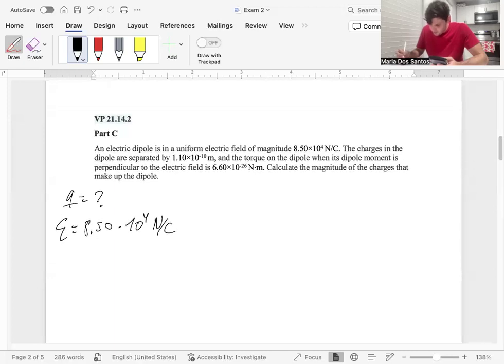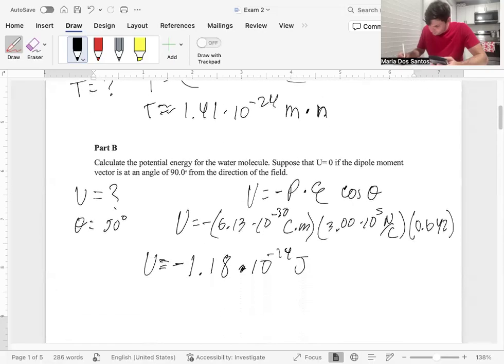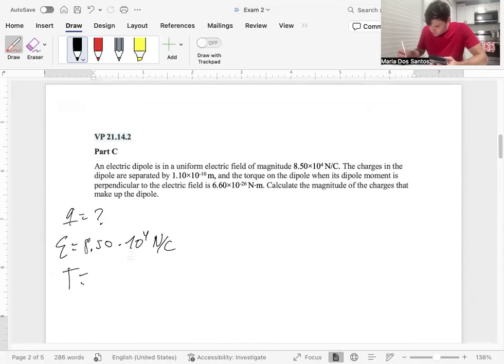The charges in the dipole are separated by a distance. Torque is given to us.